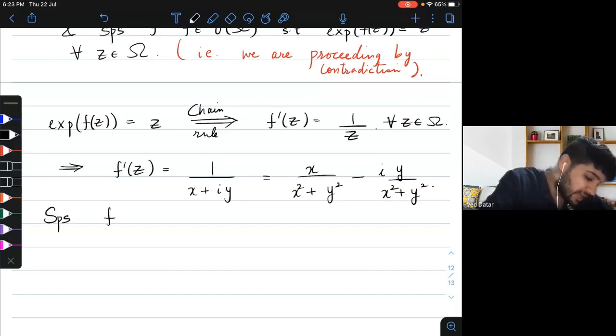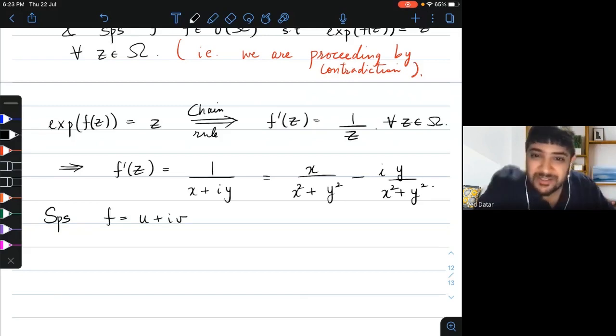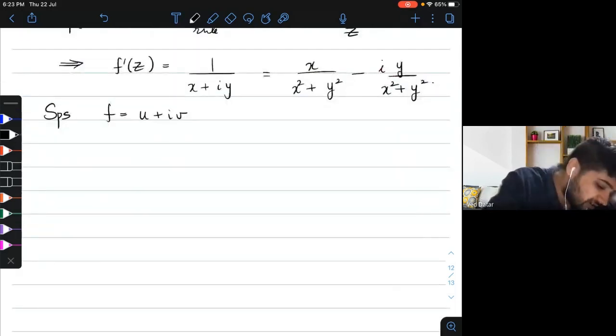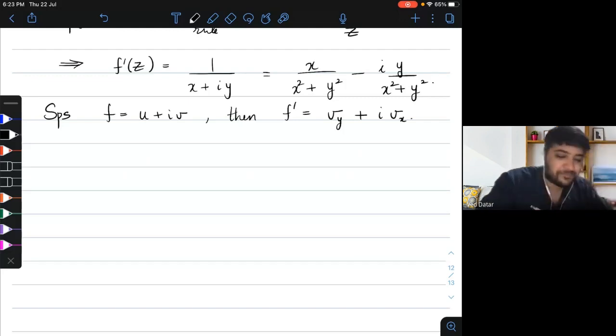Okay, but suppose f is equal to u plus iv. Then what is our favorite formula for the complex derivative of f in terms of, say, the partials of v? f prime is vy plus i vx.